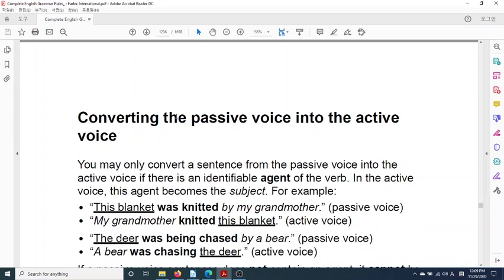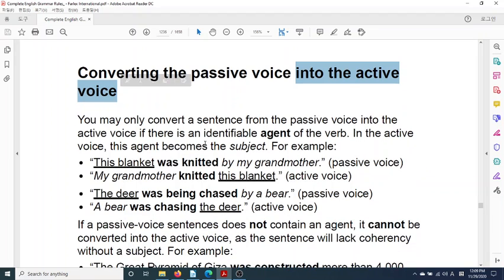So, how do you convert the passive voice back into an active voice? Well, just by doing the opposite of what we did before. You may only convert a sentence from the passive voice into the active voice if there is an identifiable agent of the verb. So as long as you said who is doing the thing with a by, then you can translate it back pretty easily.